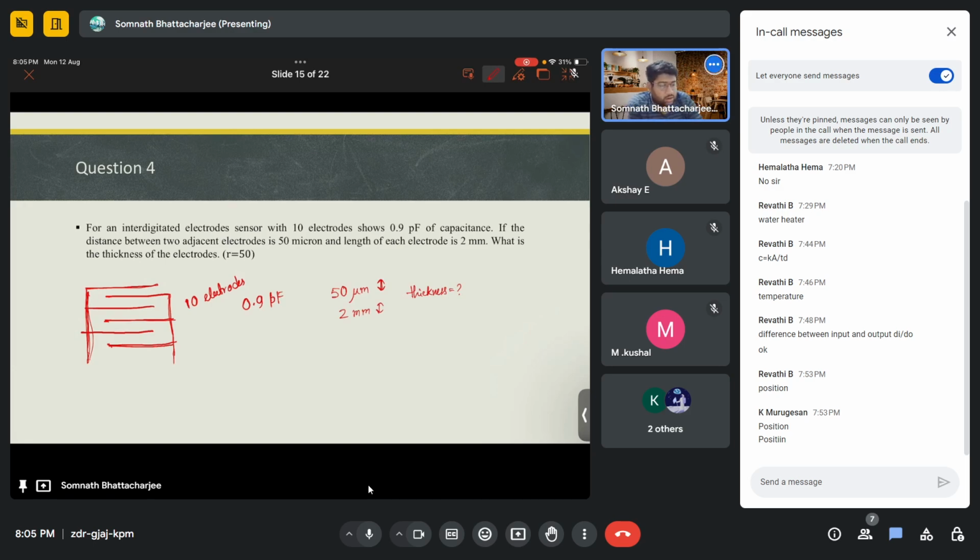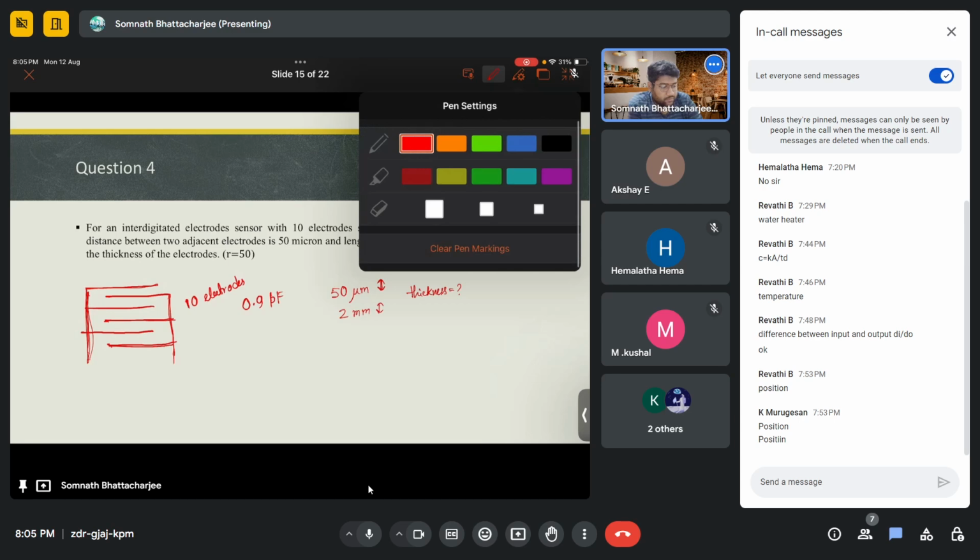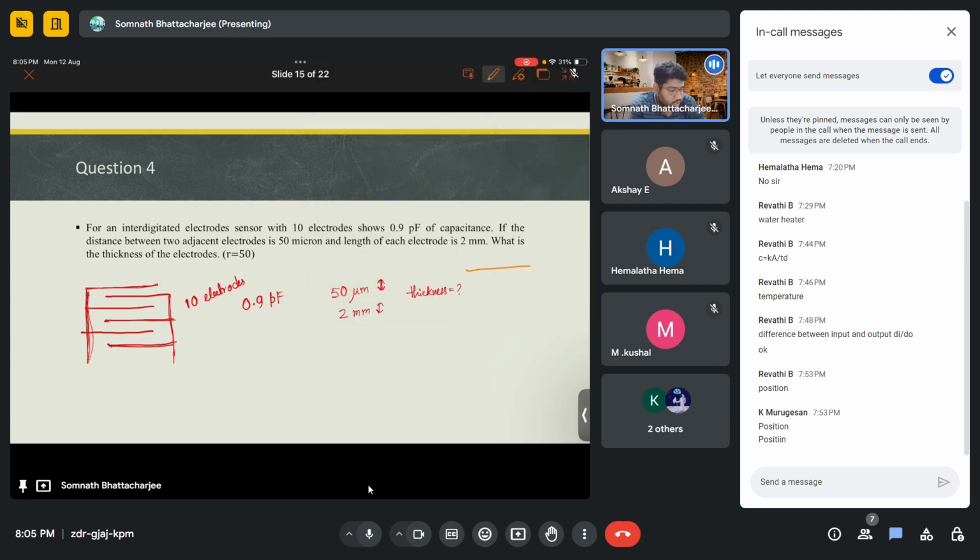So maybe I'll create a better image for understanding. Let's say the finger is like this, another finger is like this, another finger is like this. If the finger is going through this, they have already given the length of the finger, which is 2 mm, and within these two fingers the value is 50 microns.